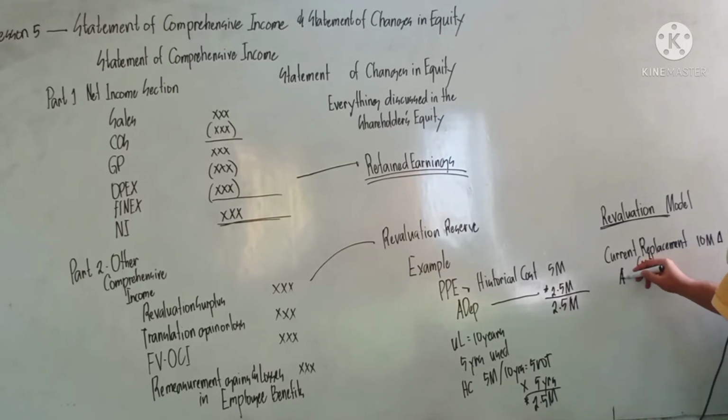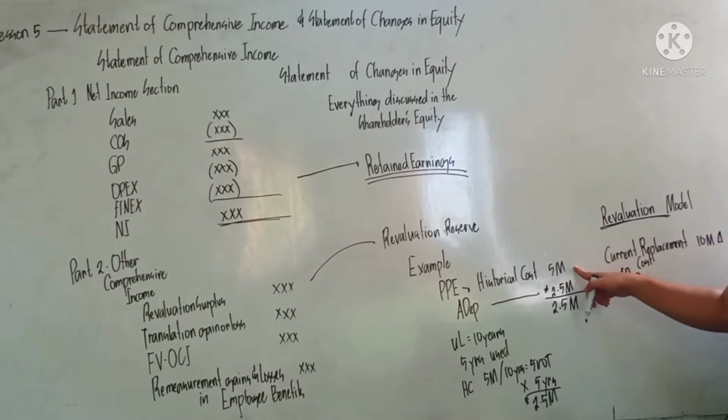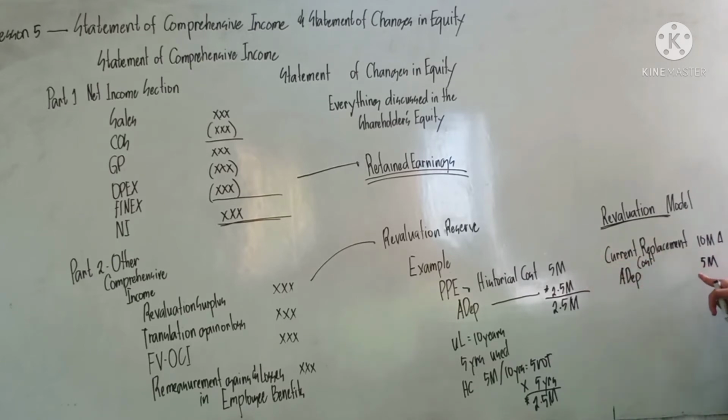Tapos accumulated depreciation will also be revised. So 5 million change over the 5 million dito sa historical cost, that's 100% change. So the accumulated depreciation will also become 5 million. Kung nag-times 2 to, naging ganito, eto din, ta-times 2 dito, 5 million.